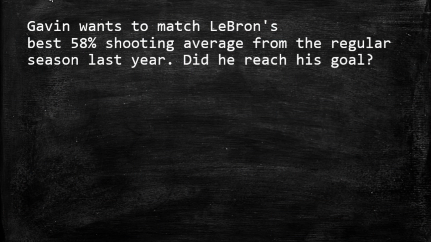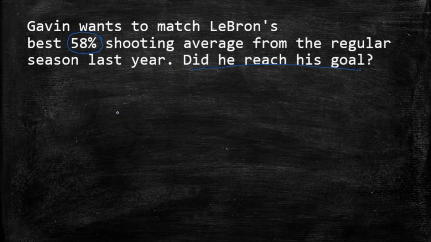So I hope you enjoyed that wonderful video. We're going to use our cube strategy. So we know here you're trying to find out if his percentage was 58. And really, this is the question here.